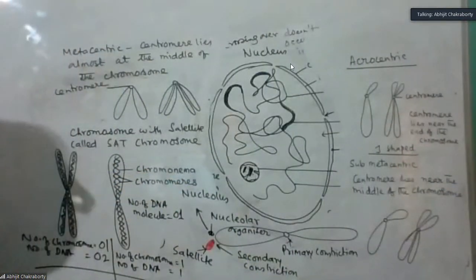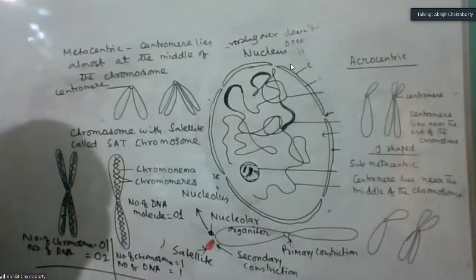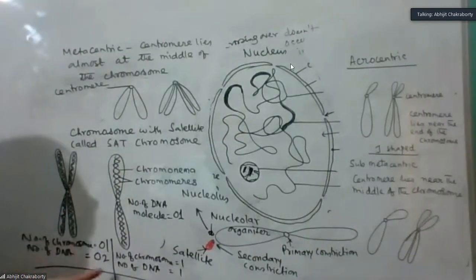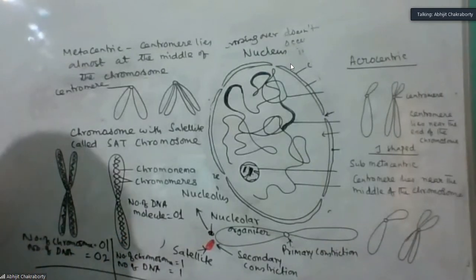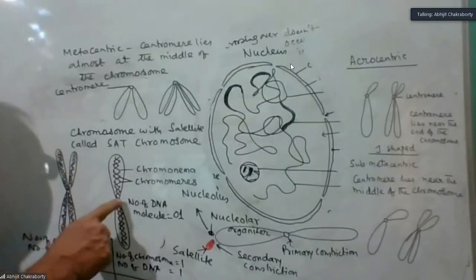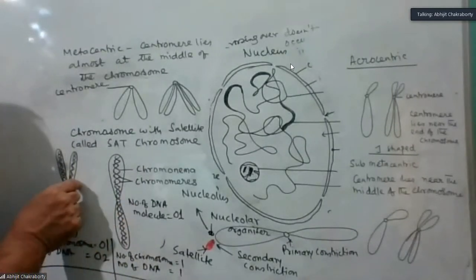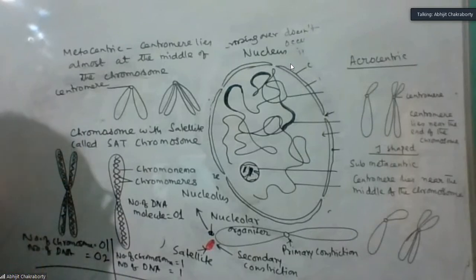Here number of chromosomes is 1, number of DNA 2. Here number of chromosome 1, number of DNA also 1. Is this part clear? It is very much required to be clear. Here one chromosome, one DNA; here one chromosome but two DNA.